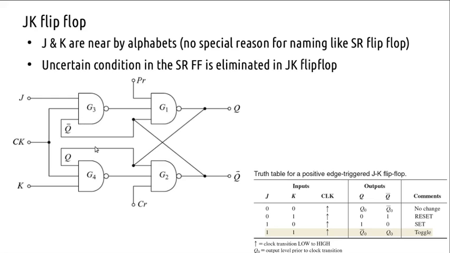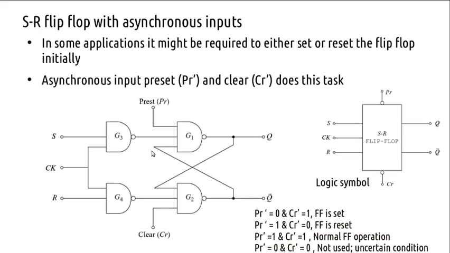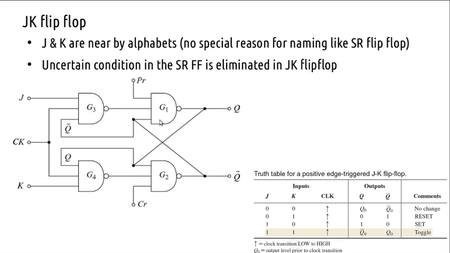If you compare these two circuits, there is a feedback: Q bar is fed to G3, that is the J gating NAND gate, and Q is fed to G4, which is the K gating NAND gate. So the explanation is similar. You can explain it using the same logic which we used to explain SR.